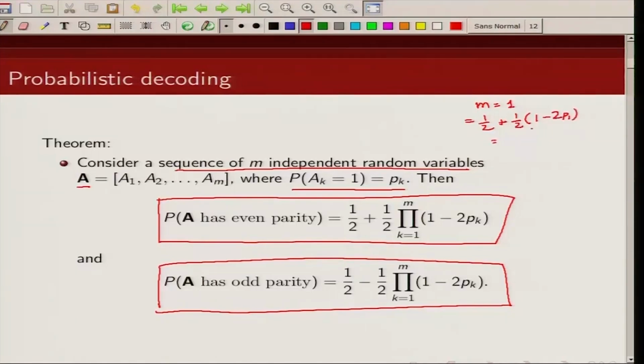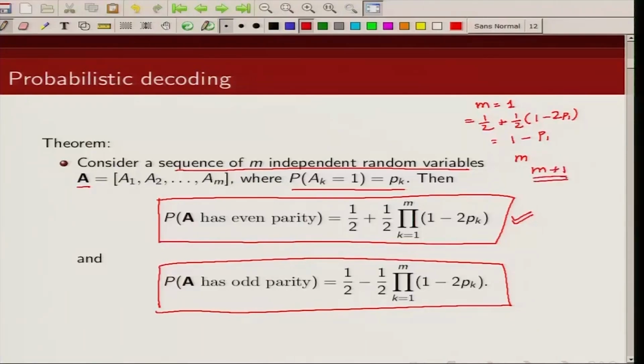So, this is nothing but 1 minus p1. And what is p1? p1 is the probability it is 1. So, what is the probability it is even parity? It is 1 minus p1. So, this relation holds for m equal to 1. Now, let us say it holds for some m. Then we have to show that it also holds for m plus 1.